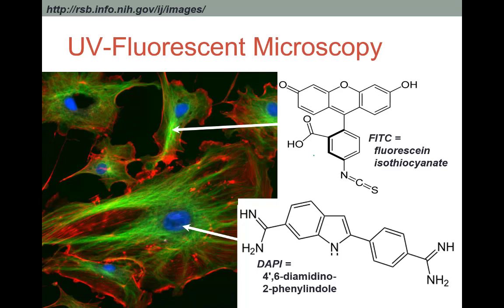This is one of the fluorescent dyes that's often used to label things. And so in this particular picture, it's labeling what looks like probably microtubules here. And then we have another dye that's commonly used called DAPI. You can see its structure here. You can see the extensive conjugation between carbons and nitrogens, and that is frequently used to stain other molecules.